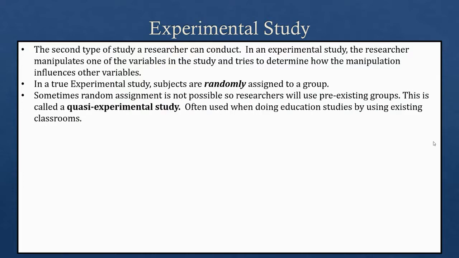Sometimes random assignment's not possible, so researchers will just simply use pre-existing groups. That's called a quasi-experimental study. It's used quite often in educational studies simply because kids are already in classrooms or schools or counties or school districts. So sometimes it's easier just to use pre-existing groups rather than making up brand new groups through random assignment.